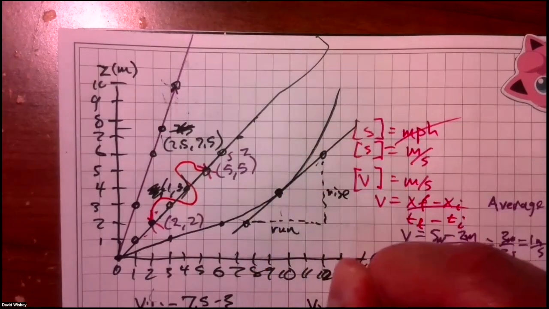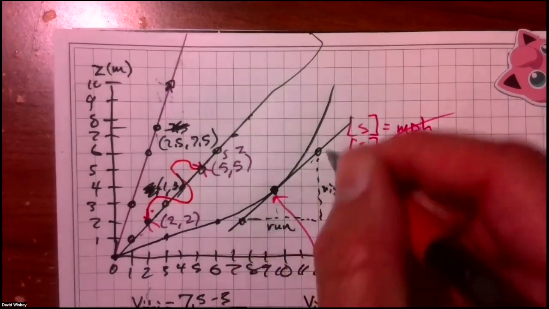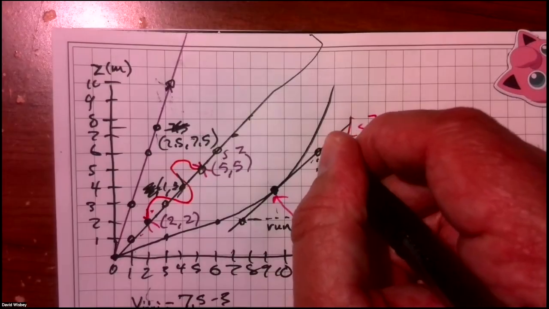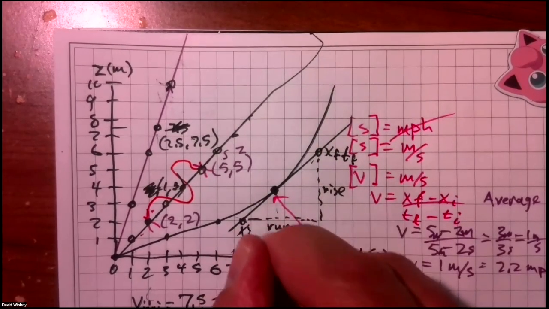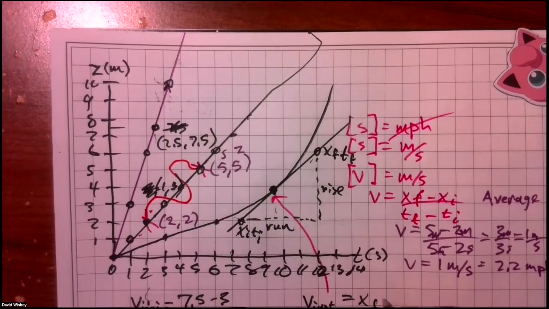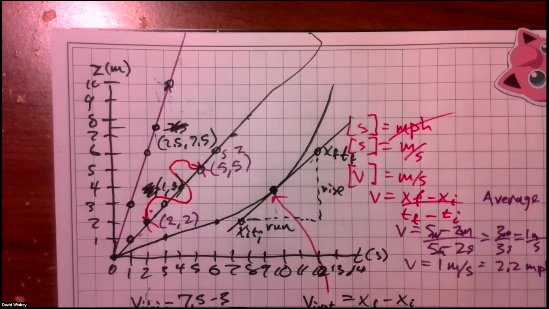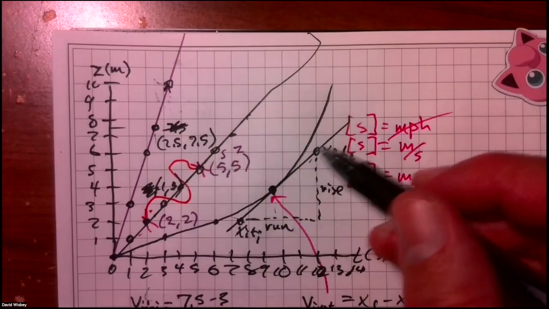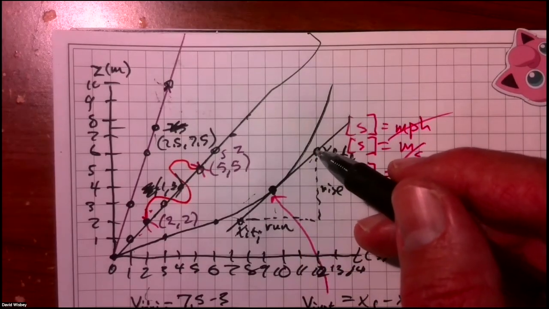I'd call this point x of f and t of f, and this one x of i and t of i. So this would be x of f minus x of i, over t of f minus t of i. Let's calculate it real quick and see what the instantaneous velocity is.